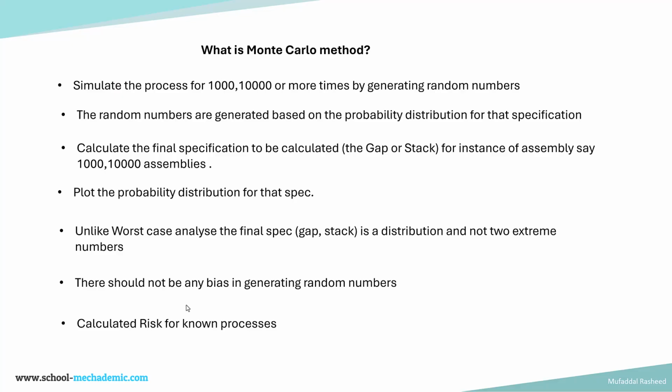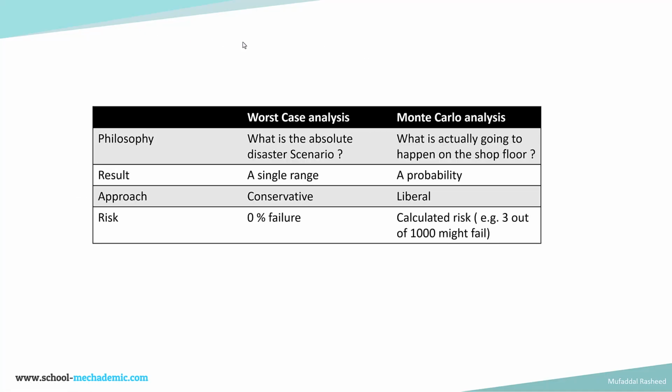So the Monte Carlo method is not a conservative approach. It is a calculated risk, because at the end we know that some portion of the parts or assemblies are going to be at the extreme ends, while the majority of them will be at the mean. You can understand the difference between worst case analysis and Monte Carlo analysis with this table.